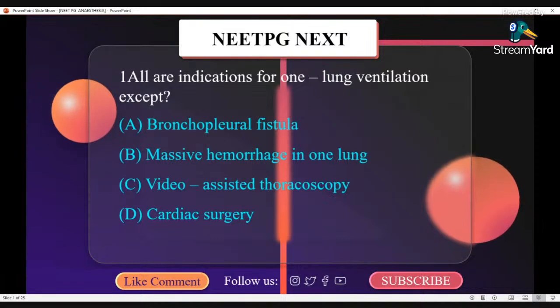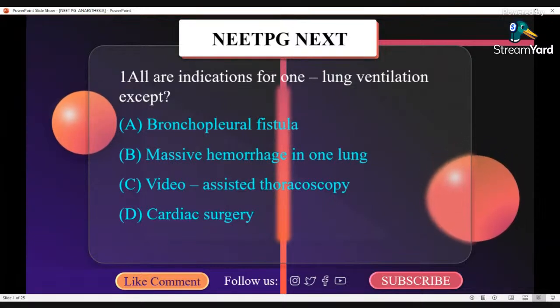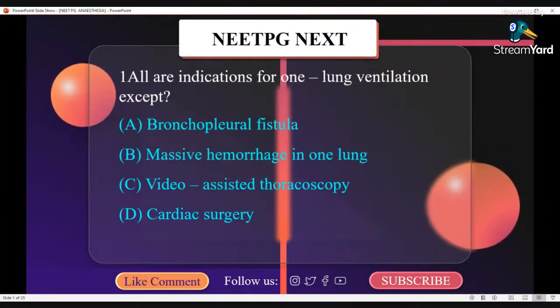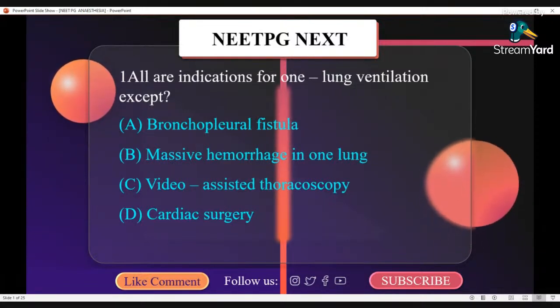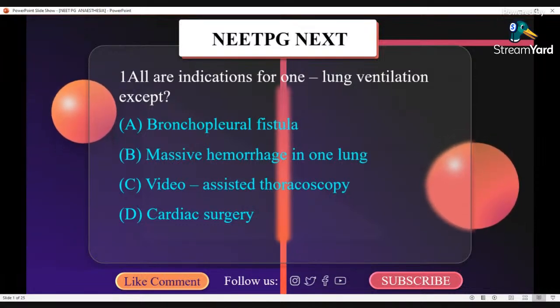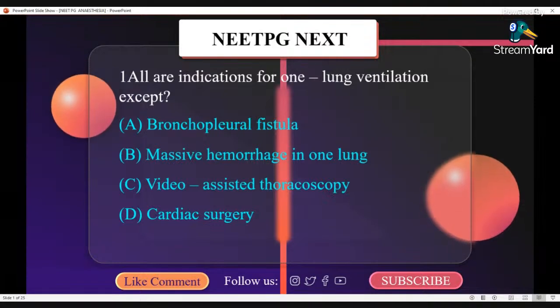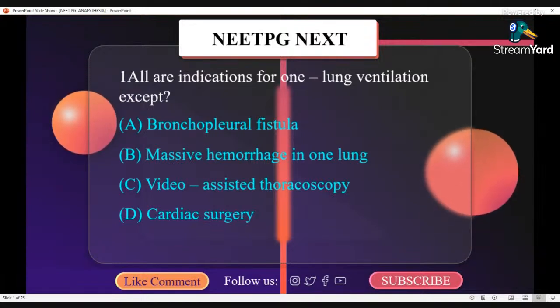Now, what is one lung ventilation? One lung ventilation, also known as OLV, also called lung isolation, is frequently employed for intrathoracic surgical procedures and also used in situations where pathology may affect one lung but not the other.